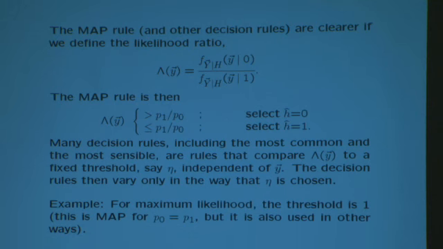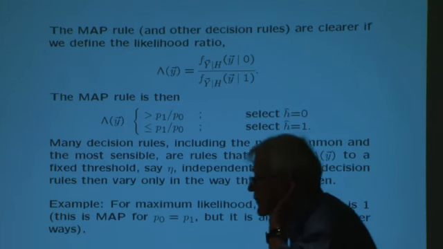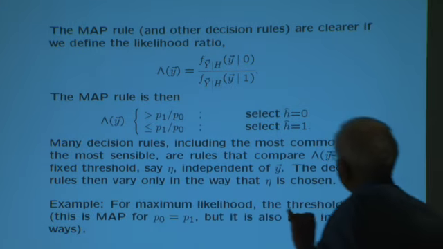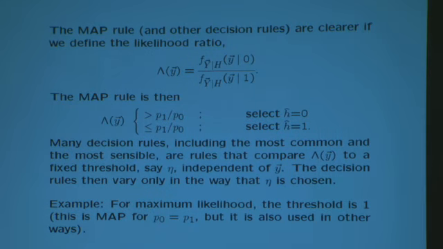Why did I put a little hat over this H? Because it's an estimation. Well, it's not really an estimation. It's a detection. Estimation you usually view as being analog; detection you usually view as being digital. Thanks for bringing that up, because it's an important point.